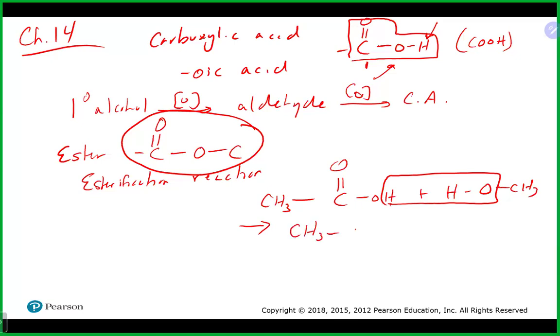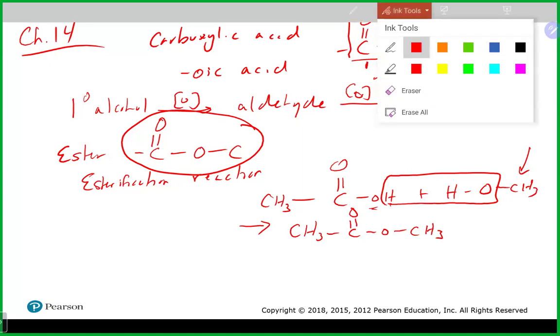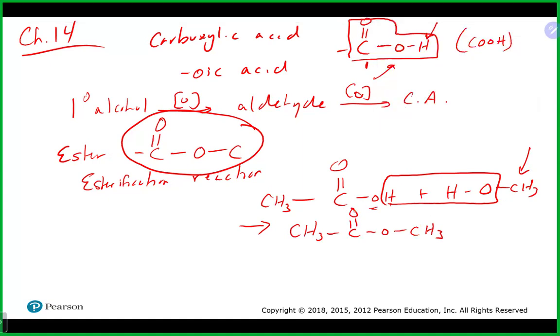So we've got CH3, C double bond O, and then here we go to our O and then to our CH3 in this case. And that gives us our ester bond. That is the formation from our alcohol and our carboxylic acid, and once again, it is the removal of water to do that.